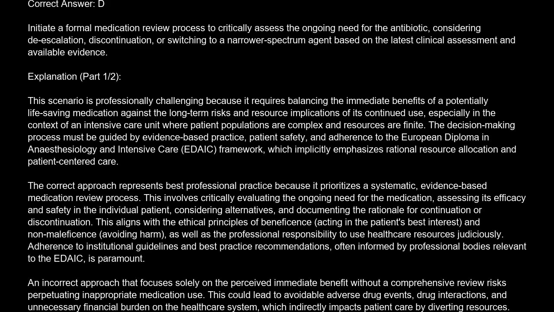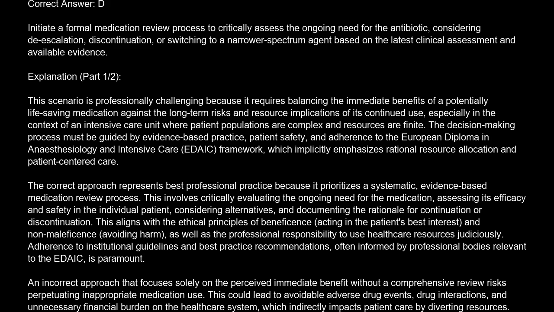The correct approach represents best professional practice because it prioritizes a systematic, evidence-based medication review process. This involves critically evaluating the ongoing need for the medication, assessing its efficacy and safety in the individual patient, considering alternatives, and documenting the rationale for continuation or discontinuation.